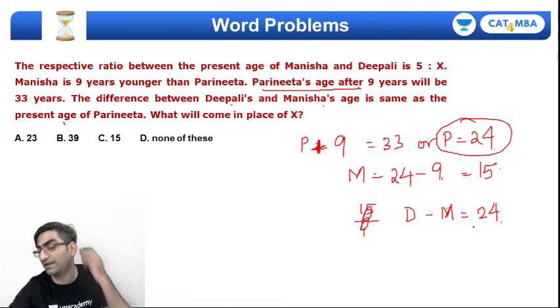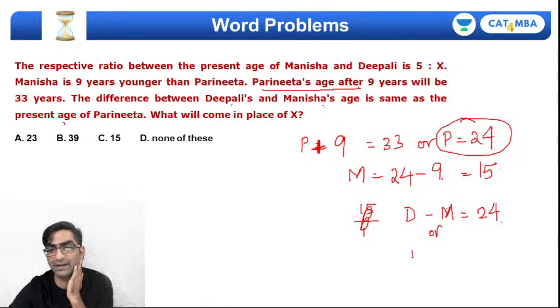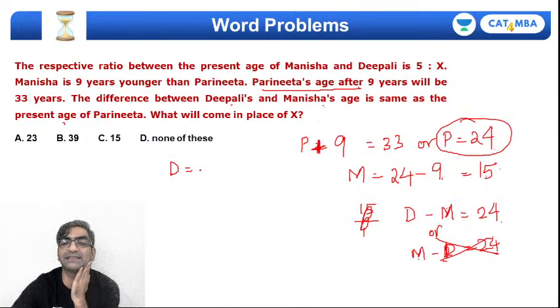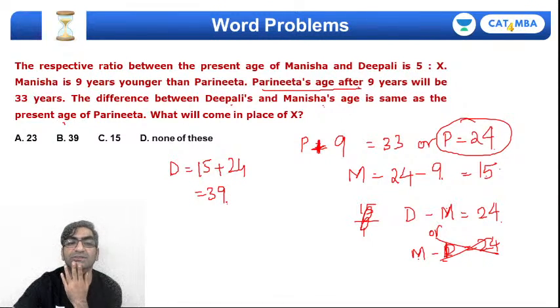So D minus M is 24, or can it also be M minus D is 24? But then for that to happen M must be more than 24, but M is 15, right? So no, that possibility is ruled out. So what you'll get is Dipali's age is M, which I know is 15, plus 24, that's 39. Okay, so Dipali is 39 years old.